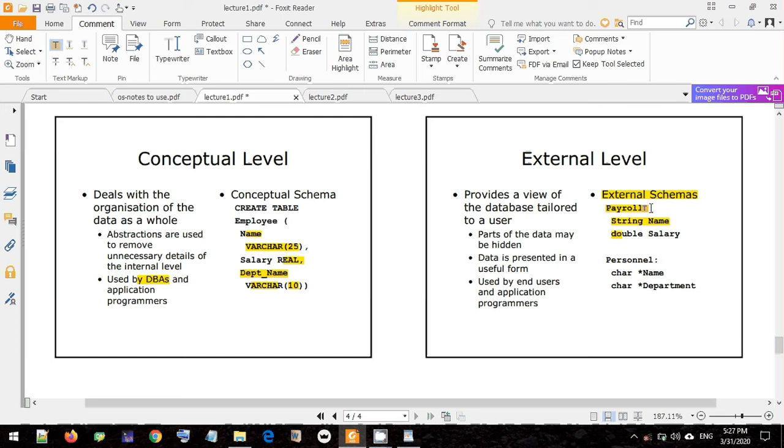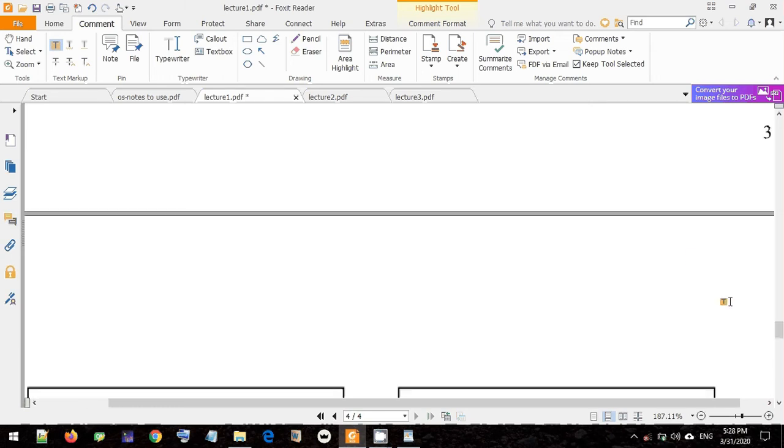In payroll we have a name, which is a string, and each person in the payroll will have a salary, which is of type double. We equally have personnel, and the personnel will have a name, and the personnel equally belong to a department. So that's how it looks.